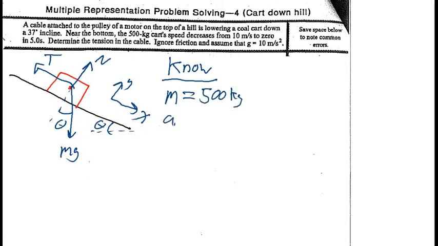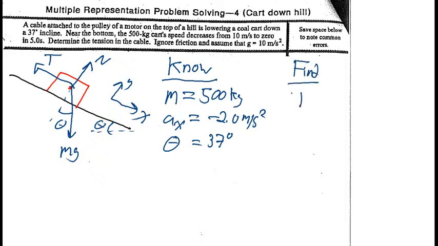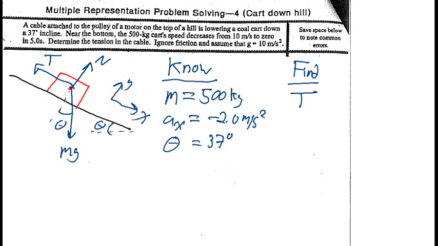We found the value of a sub x from the first part of the problem, and that was -2 meters per second squared. Our angle is still 37 degrees, and our unknown will be the tension in the cable.